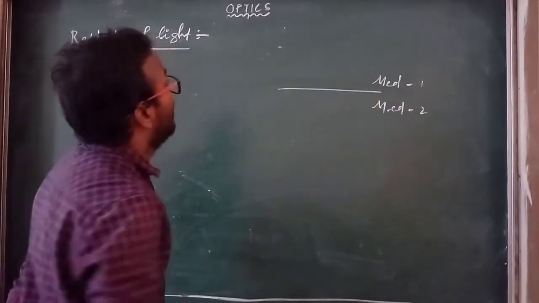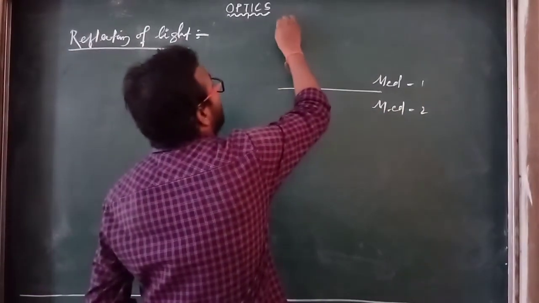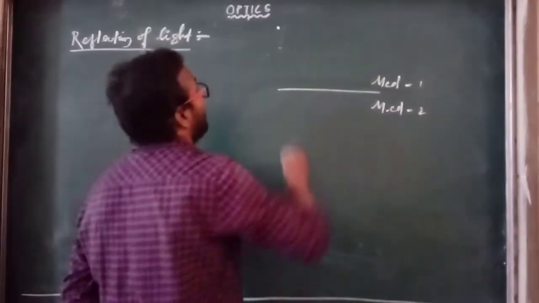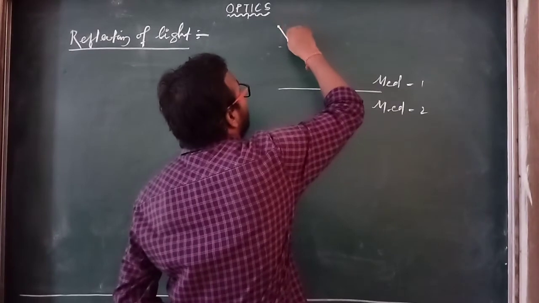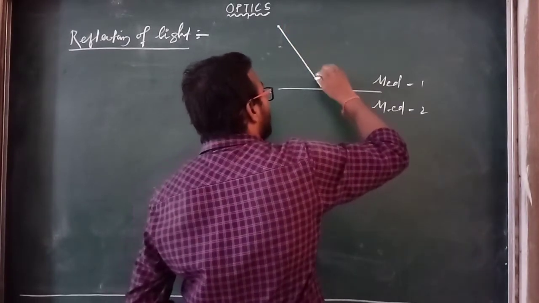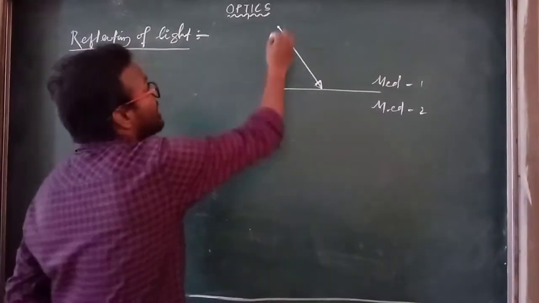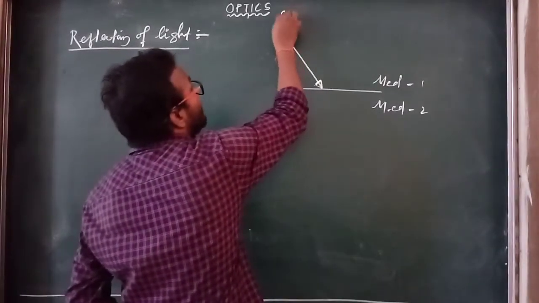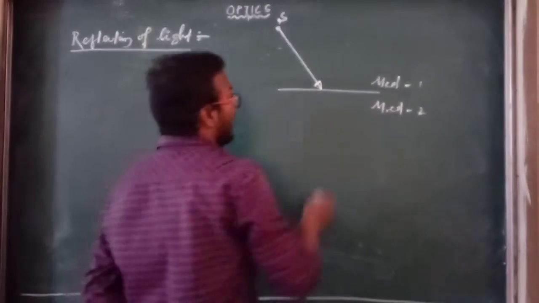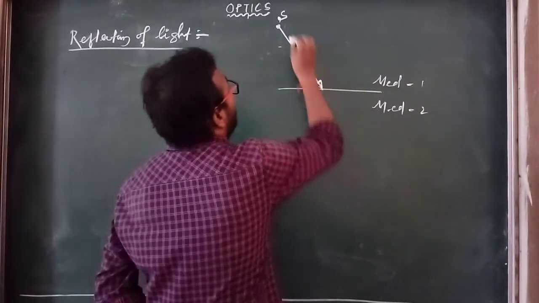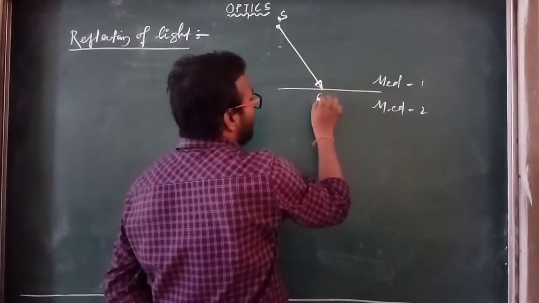Suppose there is a source which emits light in all directions, and take one ray, which travels in a straight line path. Suppose this point is S, and this is the boundary.